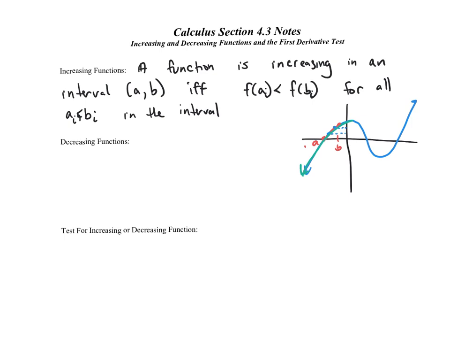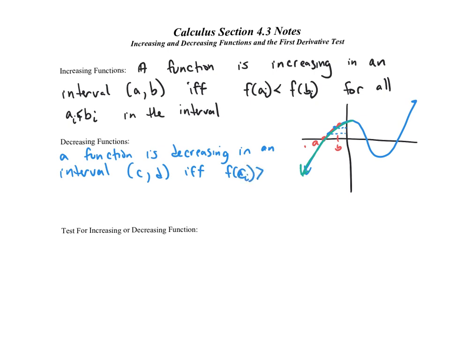A decreasing function is going to be just the opposite. We say a function is decreasing in an interval, and we'll use different letters, an interval CD, if and only if f of C sub I is greater than f of D sub I for all C sub I less than D sub I in the interval.